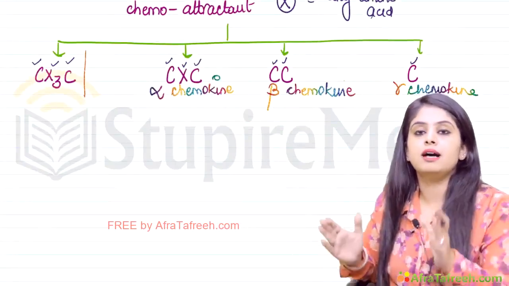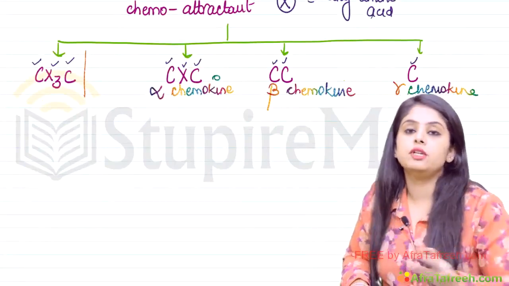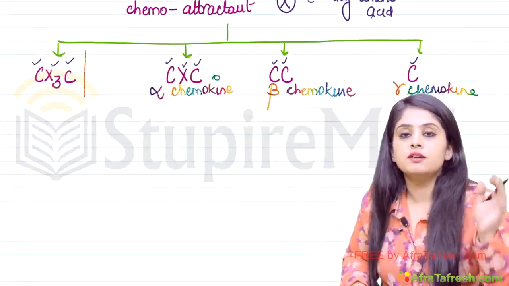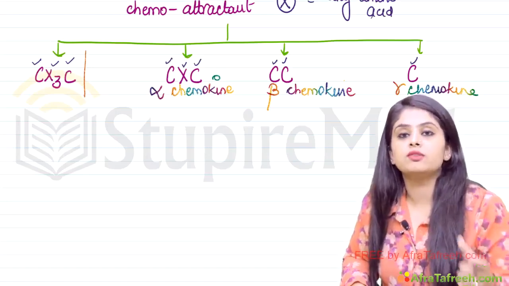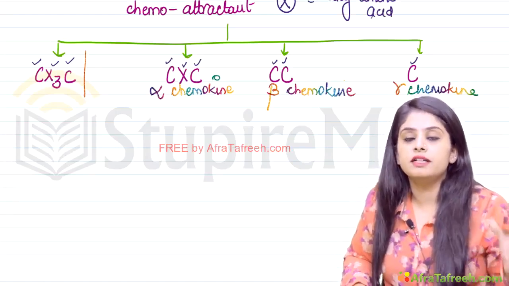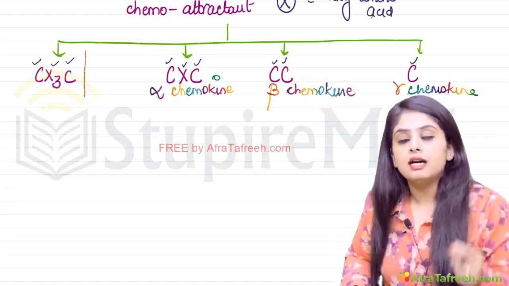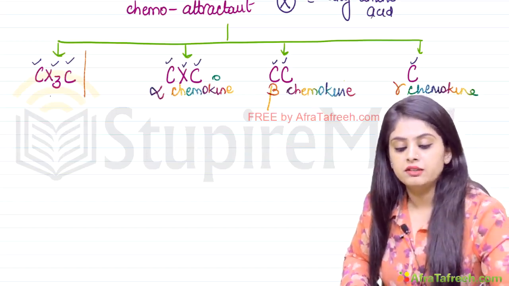The remaining become alpha, beta and gamma. Now there are 2 set of differences you need to do for this table. First, which cell is it going to attract? It is a chemoattractant, so it will attract some cell. Which cell will it attract or which cell will it help in the movement of? Other is what are the examples. So these are the 2 things you need to know.